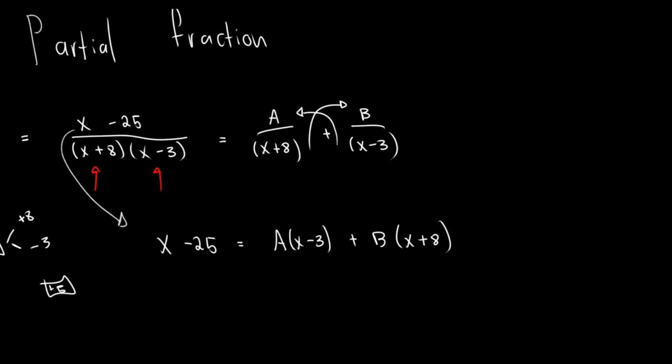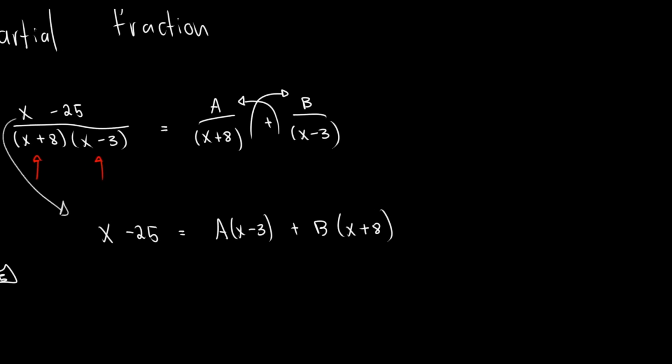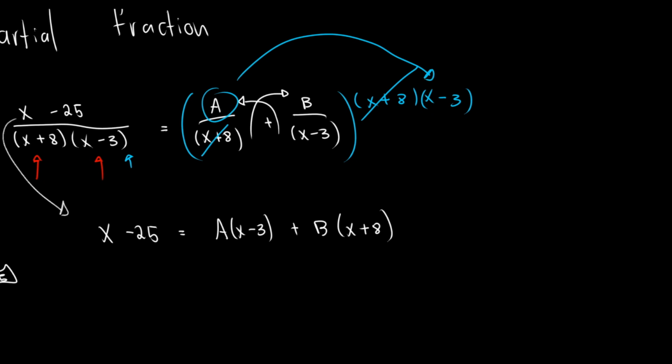So how did I get here? Well, I got here by multiplying both sides by the denominator of the first fraction, so it's going to be 8 plus x and x minus 3. So look, if I cancel out this one with that, I'm left with a multiplied by x minus 3. And that's how I got this part.